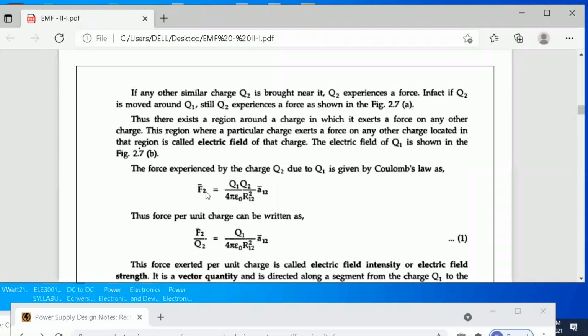So the force on Q2, F2, is Q1 Q2 over 4 pi epsilon naught R12 AR.